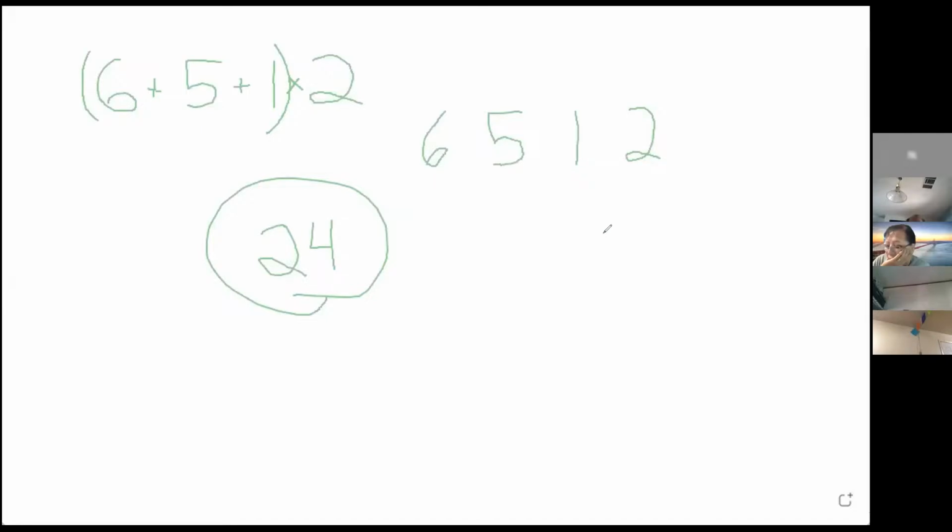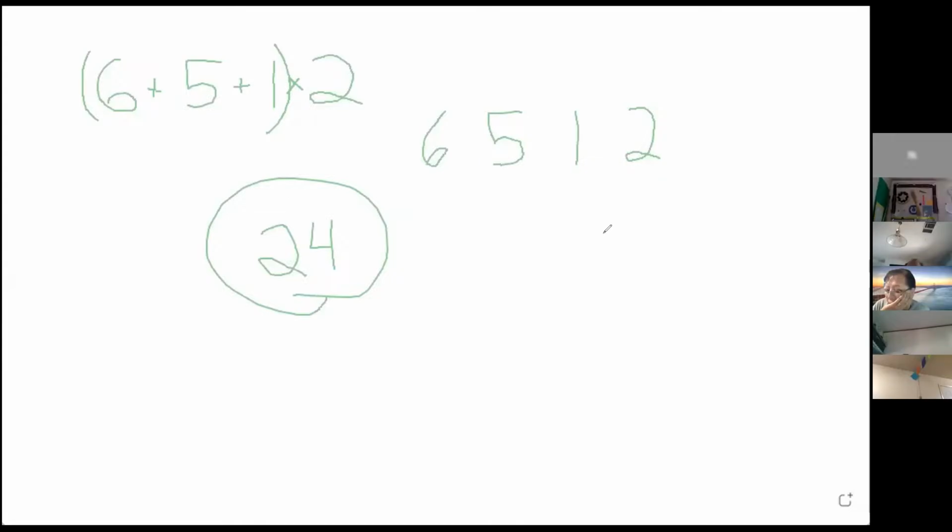You don't have to start with the 6. And think about all the math problems all of you are doing right now, even without a worksheet in front of you.